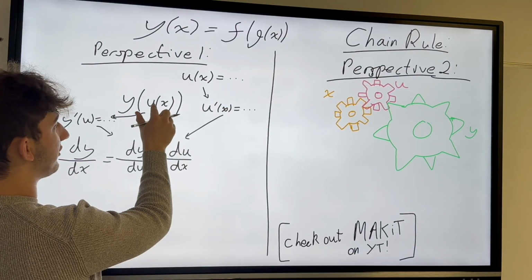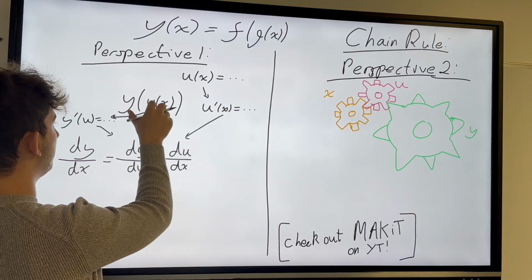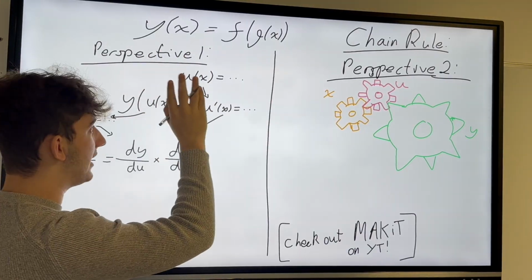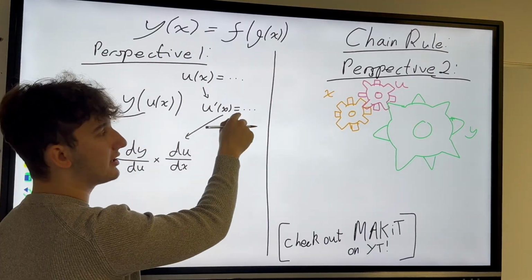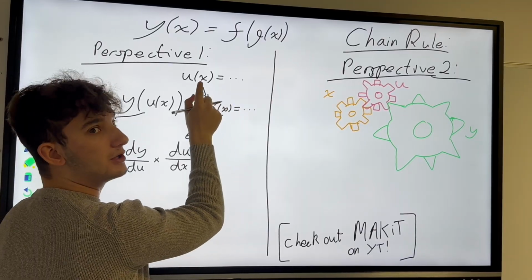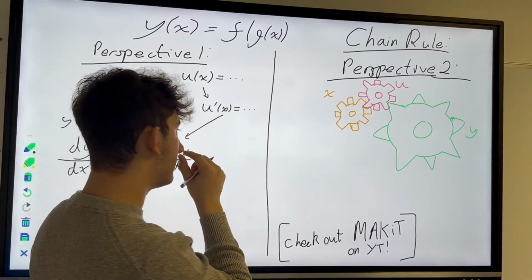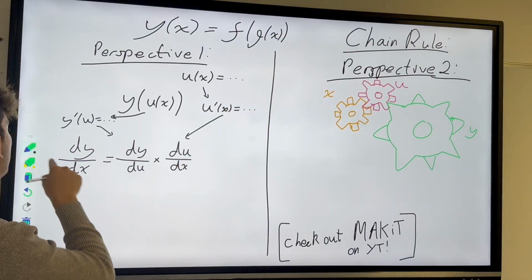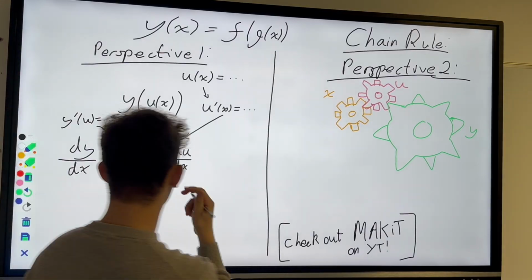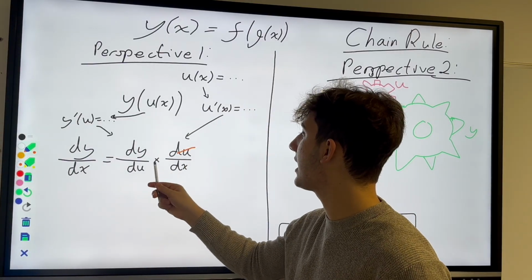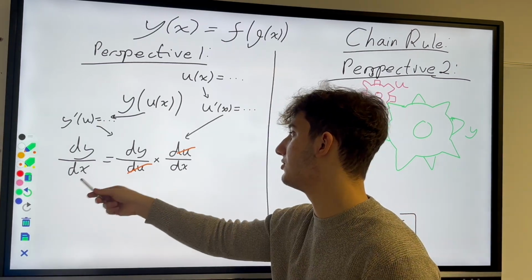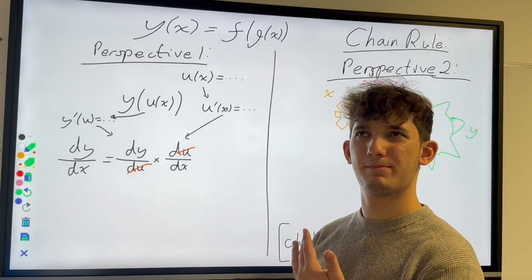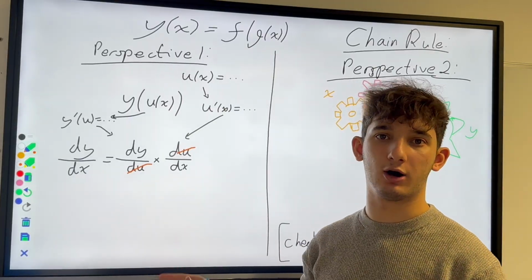What I can do is take the derivative of the outer one, y, with respect to u, and then I can take u of x separately and find the derivative of u with respect to x and multiply them together. So dy du multiplied by du dx. The reason this works, you can imagine crossing out and cancelling out these du's, which just gives you dy dx. Bit dodgy because it's not the best way to imagine it, but it definitely helps to remember it.